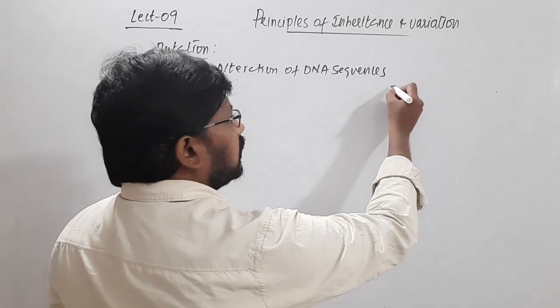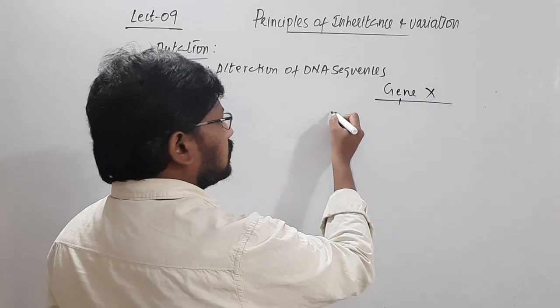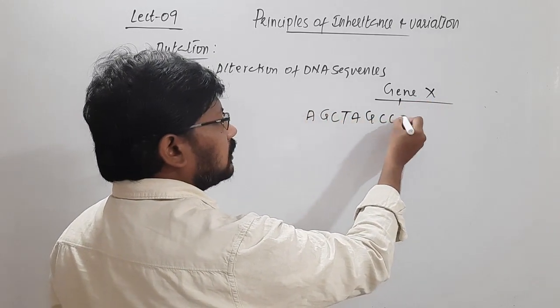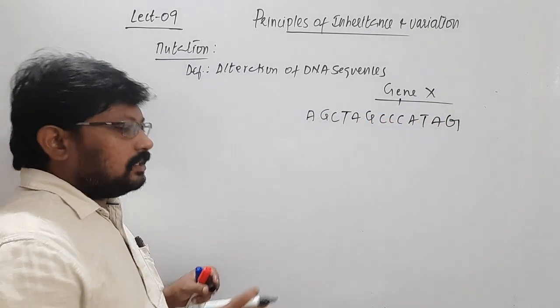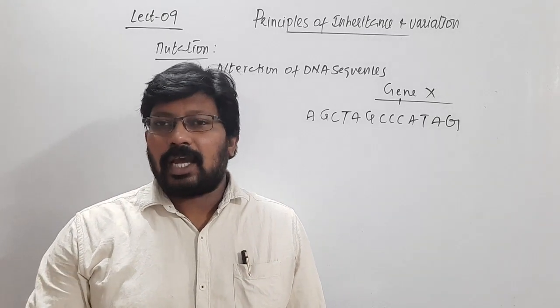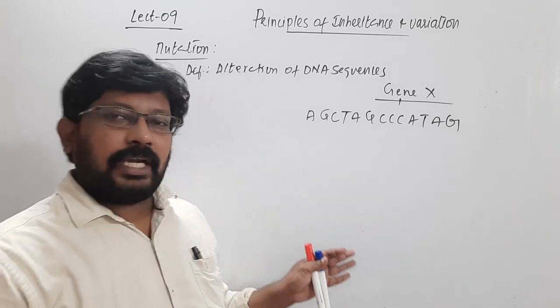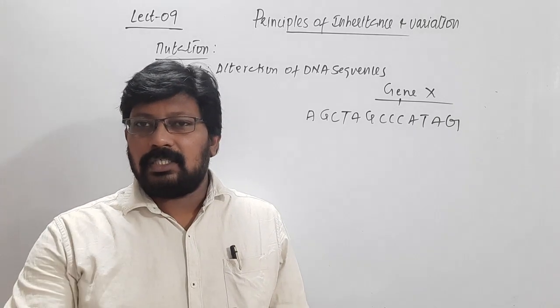Suppose here we have some gene X. This gene X has some sequence like AGTA and so on. Of course, an average gene will have 3000 nitrogen bases. Here I have taken an example to help you understand what mutation actually is.